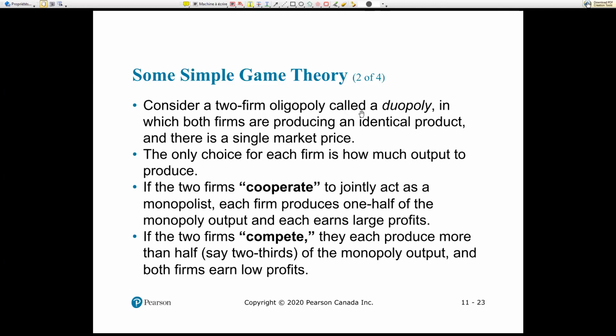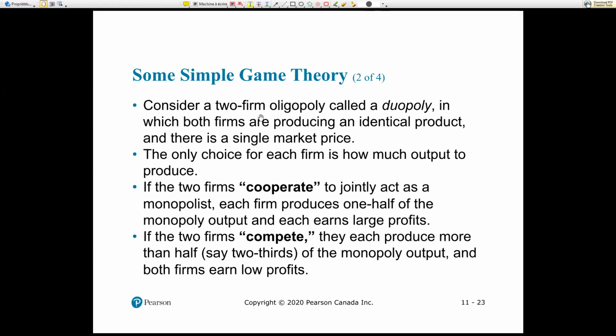In economics, when we simplify things, it's not because we think that the world is simple. It's just that we want to synthesize the ideas into the simplest expression possible, so we can understand it. A duopoly is just an oligopoly with two firms. So it's a very simple game in which you have only two players, and each player has to anticipate what the other player is doing.